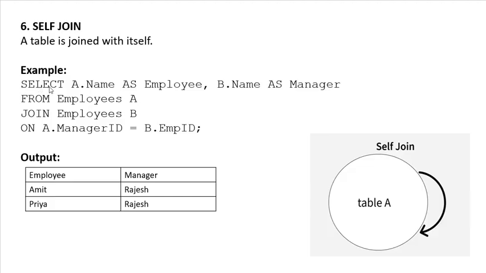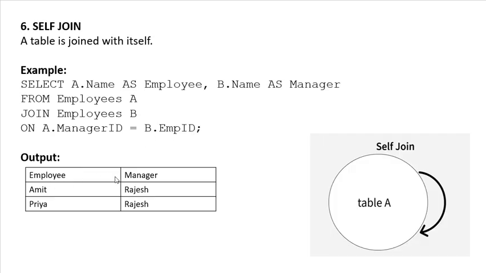As an example: SELECT a.name AS employee, b.name AS manager FROM employee a JOIN employee b ON a.manager_id = b.employee_id; So the output is employee and manager, using a.manager_id and b.employee_id.